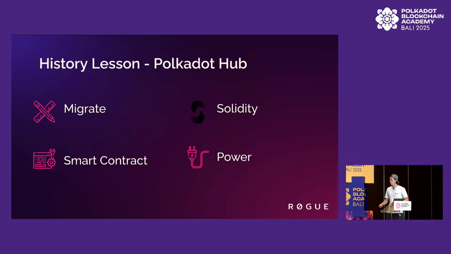So, change of strategy. 1 year ago, the Polkadot Hub idea came to life. We have all these Polkadot functionalities on Polkadot itself and the system chains. Let's migrate that all to Asset Hub and put smart contract functionality on there.